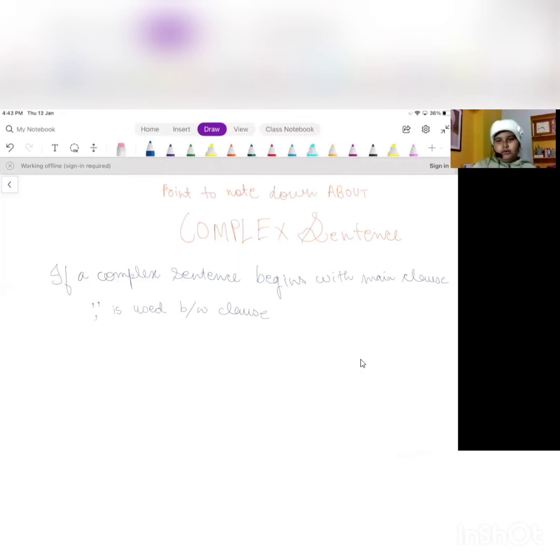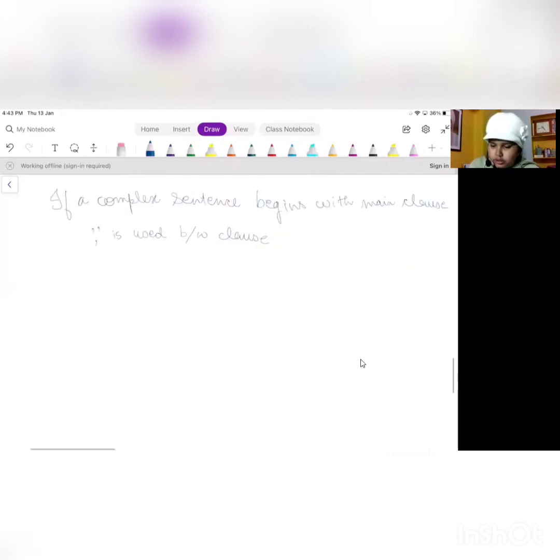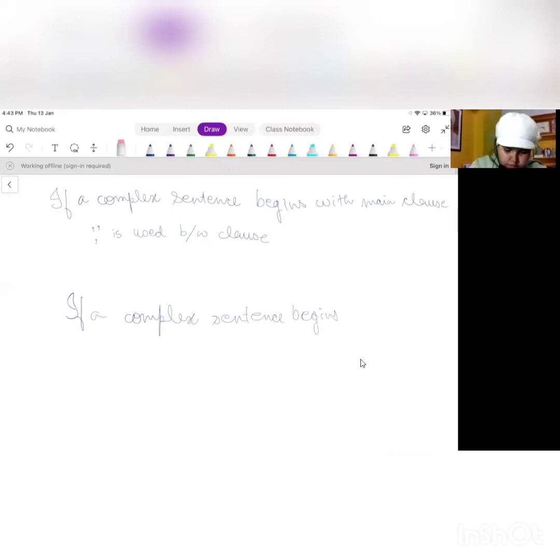Now, the last thing we are going to learn is, if a complex sentence begins with a dependent clause, a comma is used after the dependent clause.